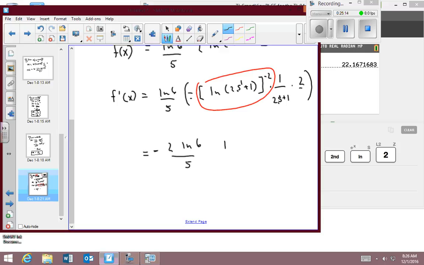So it's 1 over ln of 2s plus 1, the quantity squared. And then this thing is in the denominator, 1 over 2s plus 1.